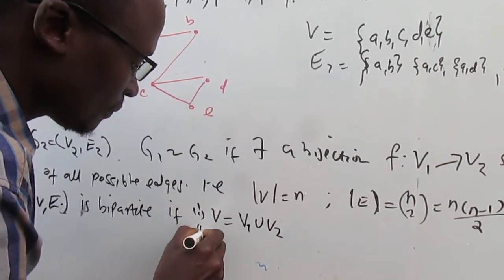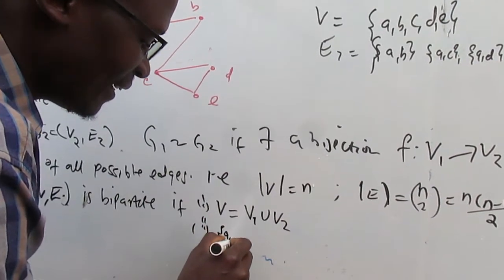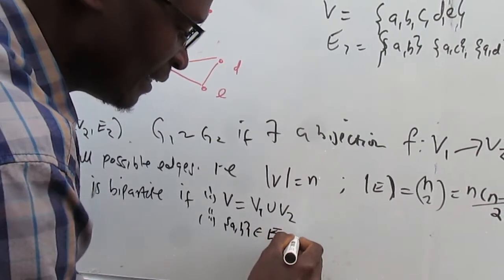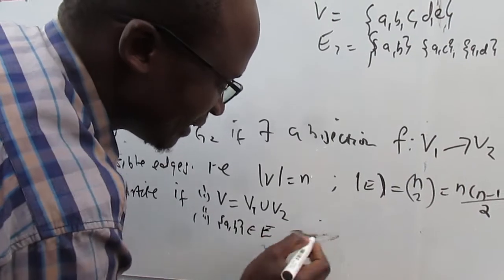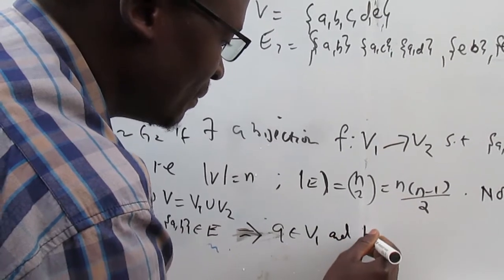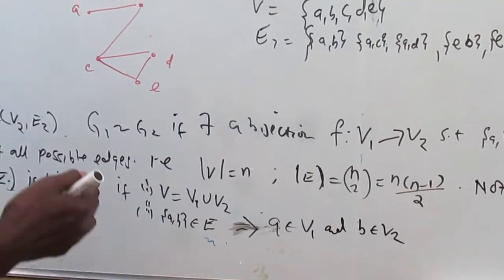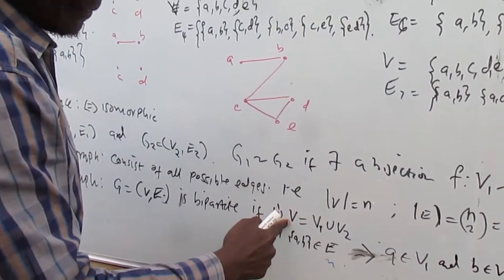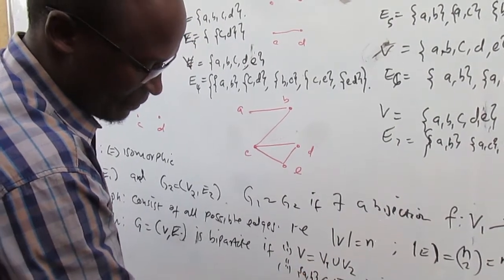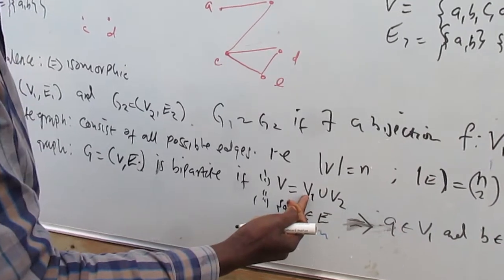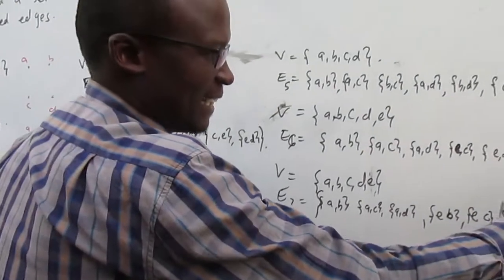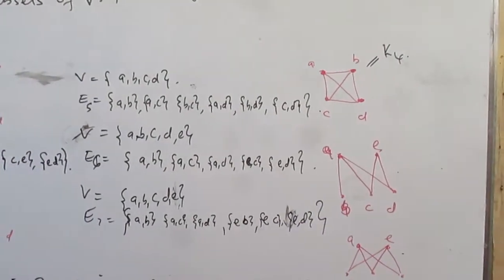And number two, we require that whenever AB is an edge in this graph, then A must be from V1 and B must be from V2. In other words, we can partition the vertex set into two subsets, such that every edge starts from the first set and ends in the second set. These are examples of bipartite graphs.